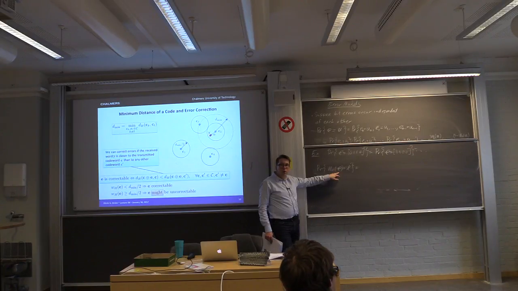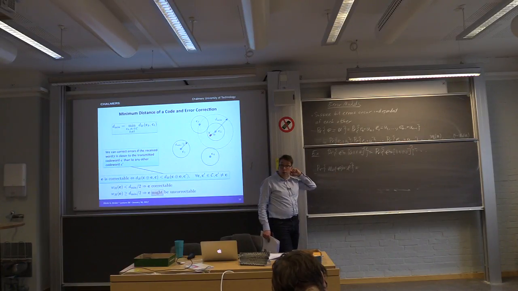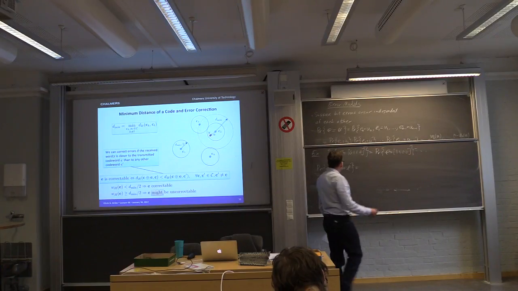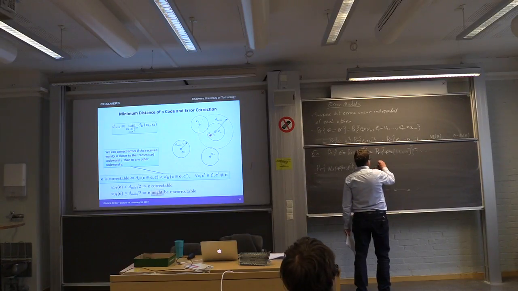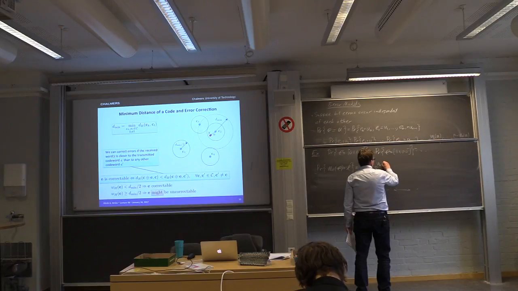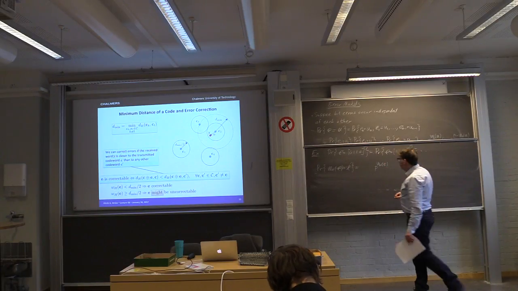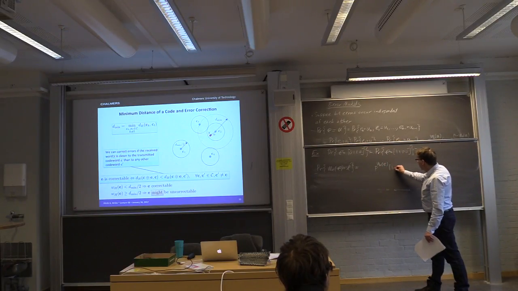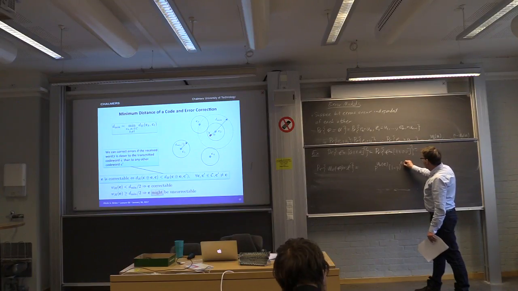Well, we know that the probability for one such event is p to the power of the Hamming weight of e, times 1 minus p to the power of n minus the Hamming weight of e.